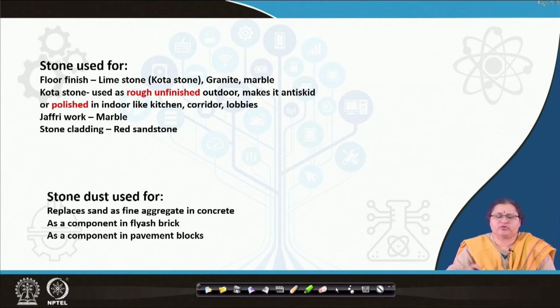Stone is also used as a walling material, not as a structural wall, but as a cladding. Cladding means it is covering the wall. It may be a brick wall clad with stone, red sandstone.